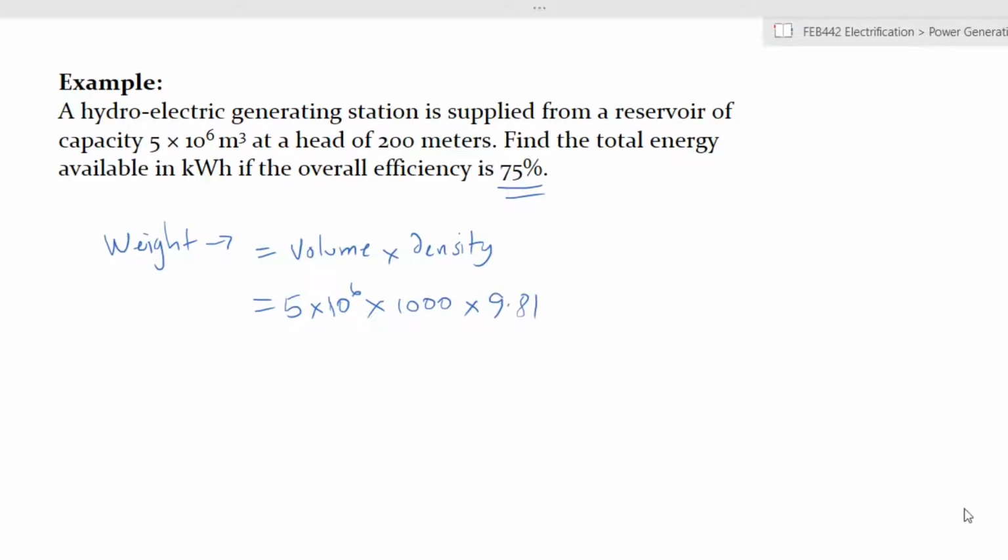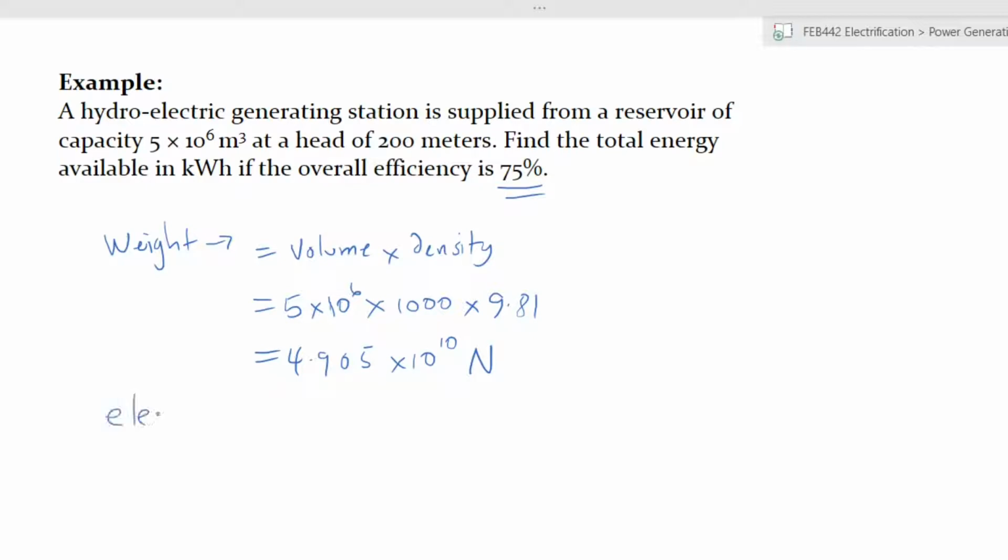So 5 times 10 to the power 6 times 1000 times 9.81 gives us 4.905 times 10 to the power 10 newtons of weight. That is a force acting down. This is what is available to us.